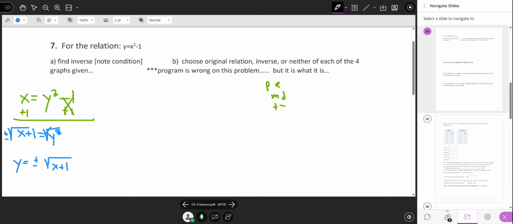Now, it says choose the original, choose the inverse, choose the neithers. There's 4 options. So you've got 1 original, 1 inverse, and 2 neithers. So let me go to Desmos real quick.